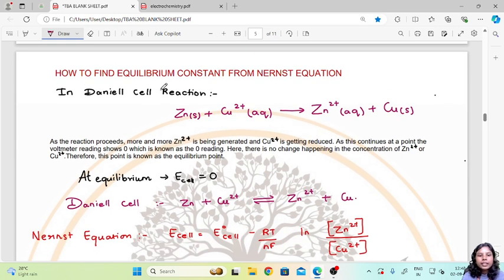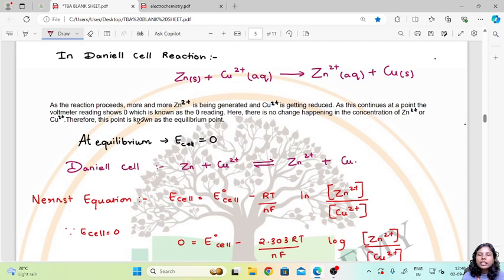So now in Daniell cell, the reaction is Zn(s) plus Cu2+ that gives us Zn2+ plus Cu. As the reaction proceeds, more and more Zn2+ will be generated, and Cu2+ will continue to get reduced. As this continues, at some point the voltmeter reading will show us a 0.